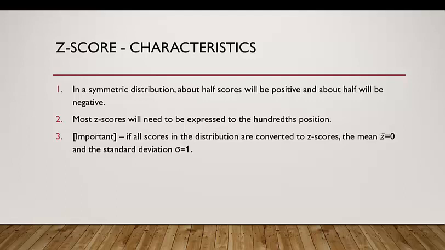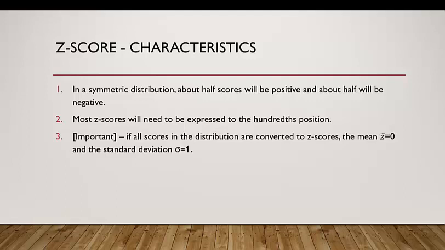And then finally, and this is really important, this is kind of the ultimate thing here. If all scores in the distribution are converted to z-scores, the mean, which here is called z-bar, is equal to 0, and the standard deviation is equal to 1.